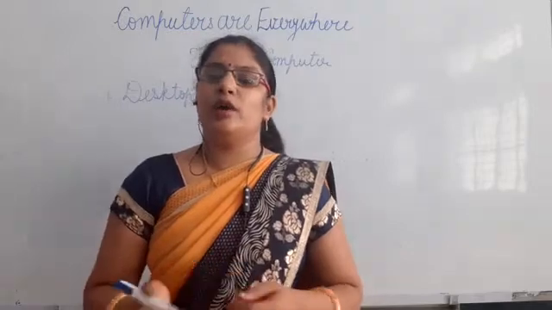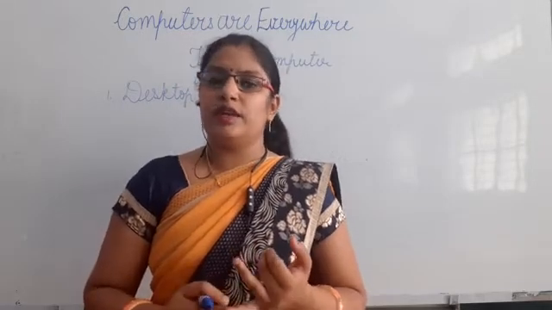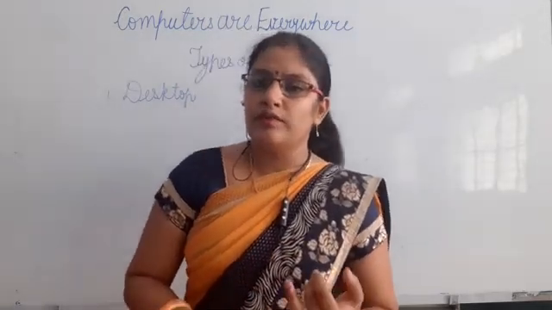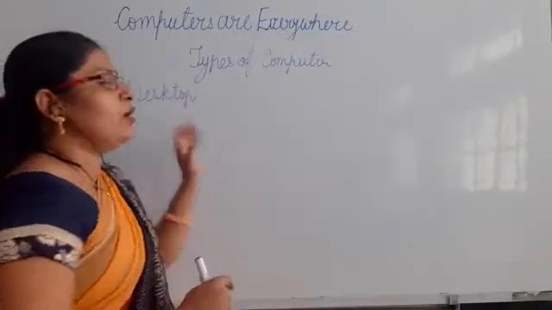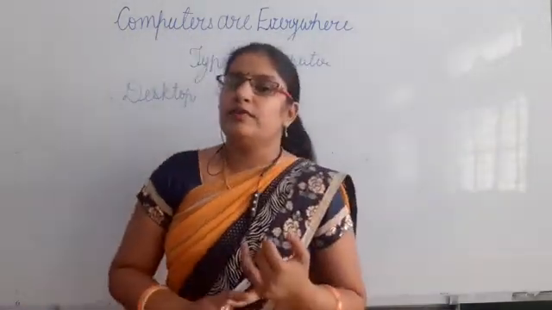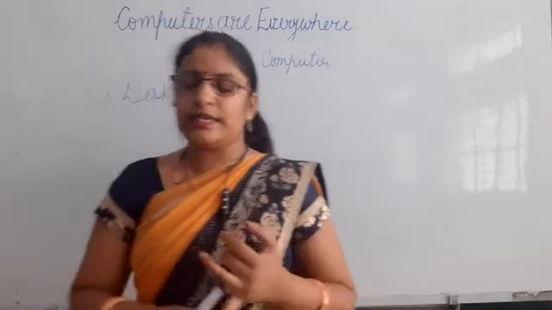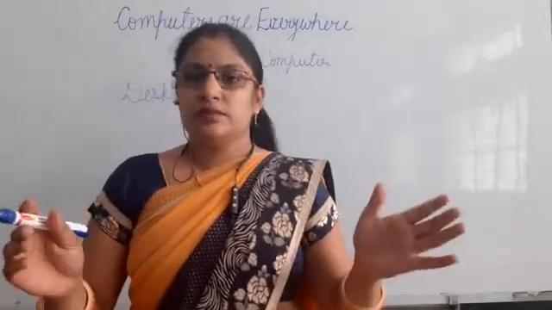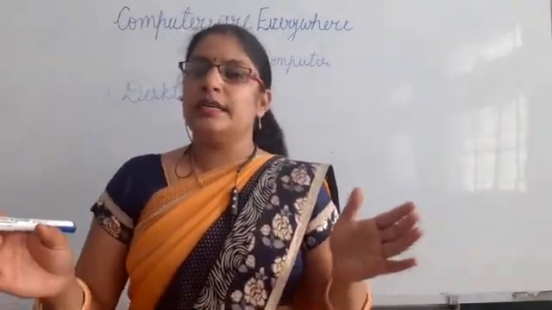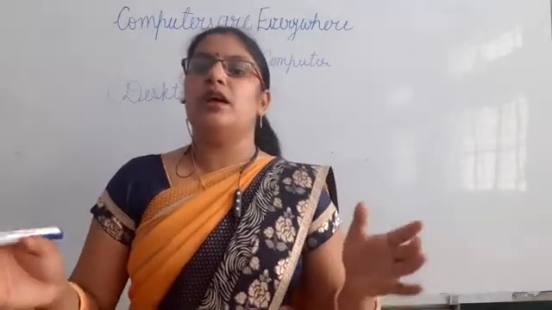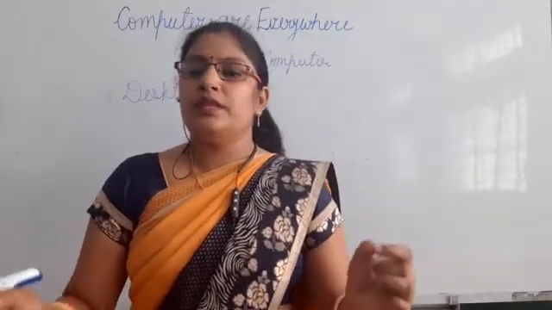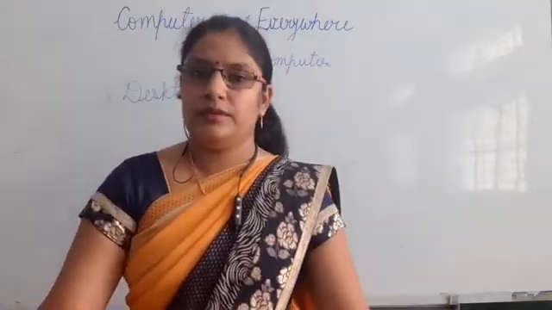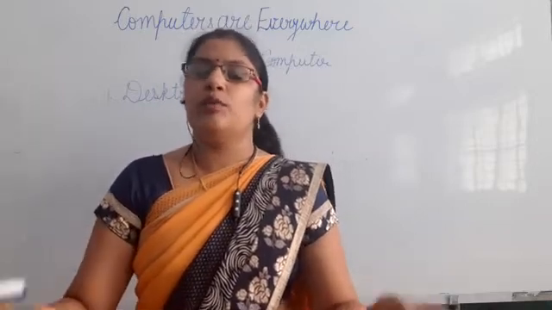Now we will learn about what types of computer we have. First type of computer is the desktop computer. What are desktop computers? They are big-sized computers that can be kept on a table.